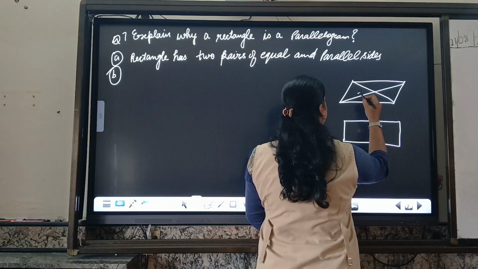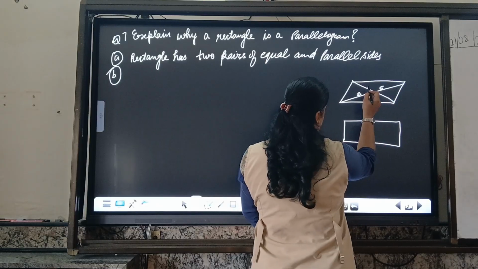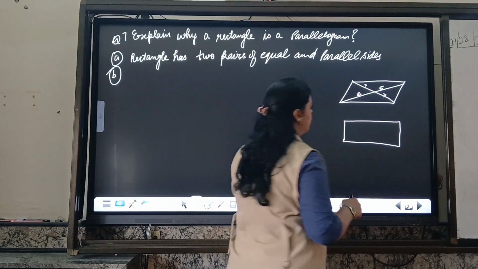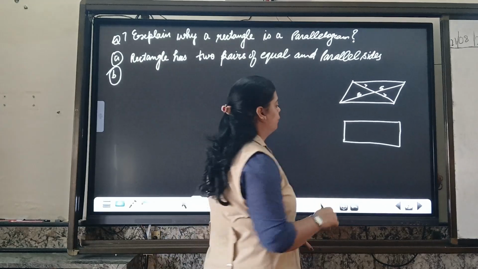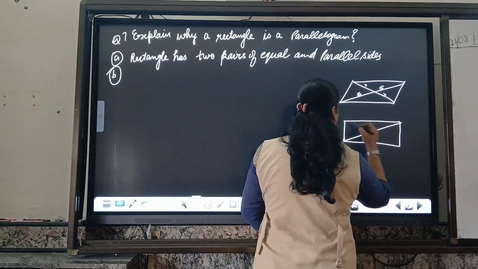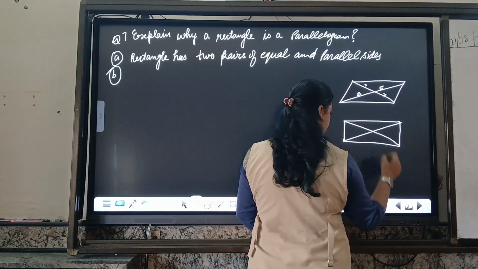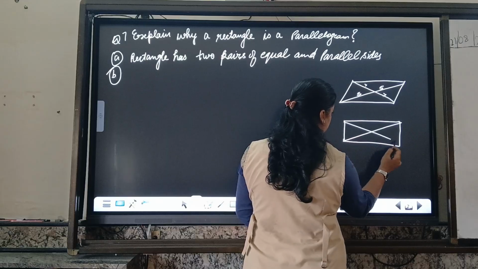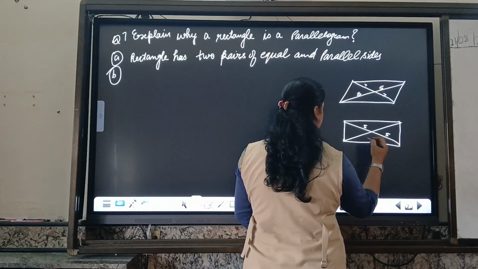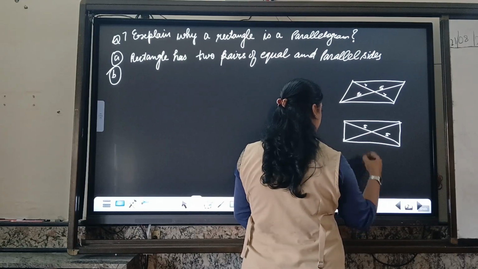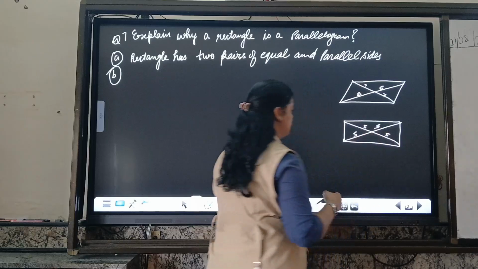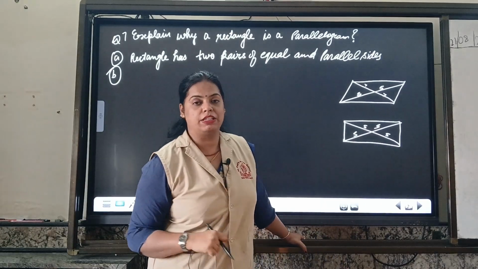So if it is 5, then it would be 5. If it is 7, it would be 7. Similarly, in a rectangle we have two diagonals and they both bisect each other. If it is 5, it is also 5. In both cases, diagonals are bisecting each other.